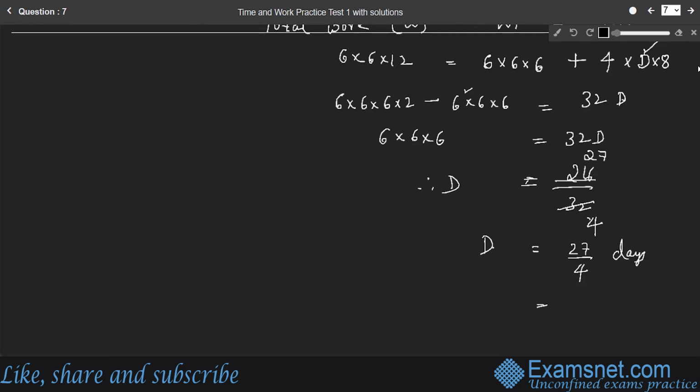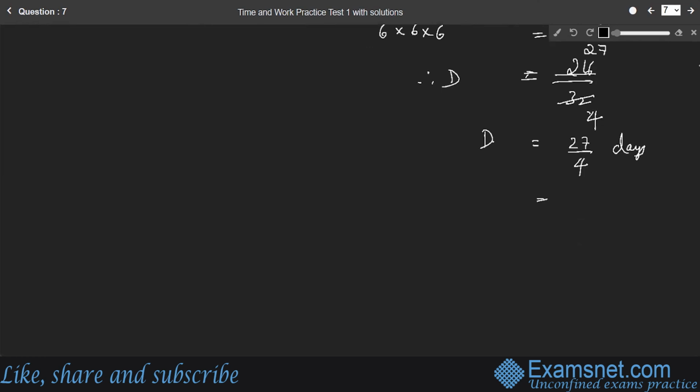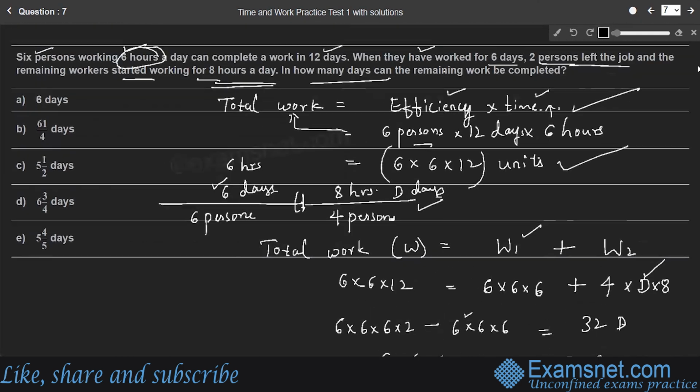Again, you can simplify: 4 into 5, 20, 4 into 6, 24, 24 remain, yes, 3 by 4 days. 6 integer 3 by 4 days. How many persons take? 4 persons take, right? 6 integer 3 by 4 days to complete the remaining work. Only the remaining work, right? So option D is the right answer.